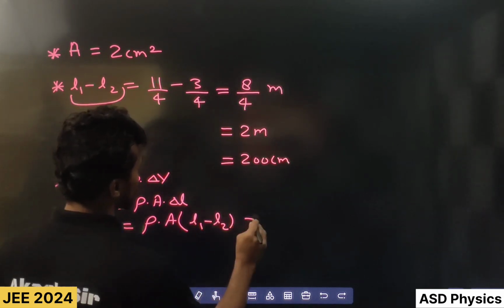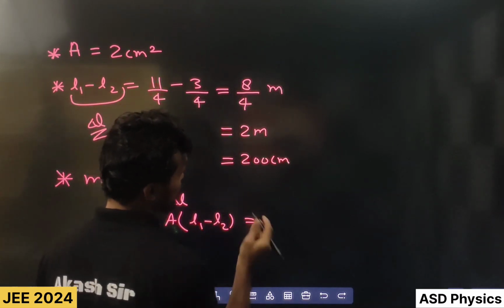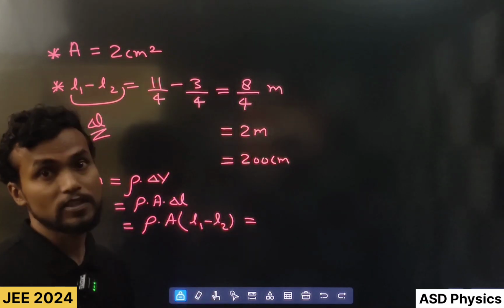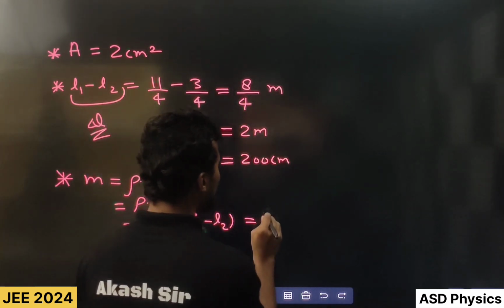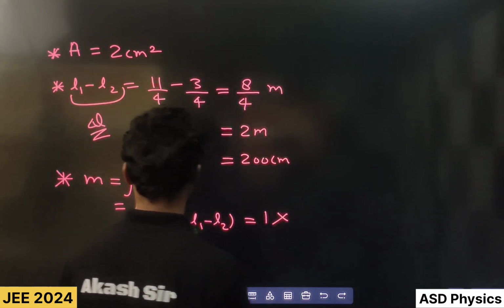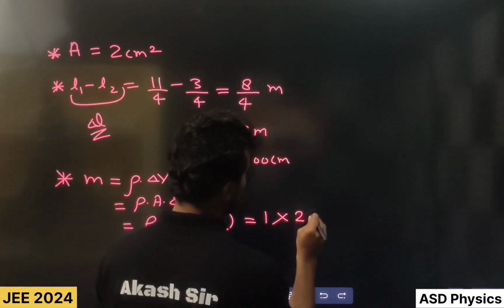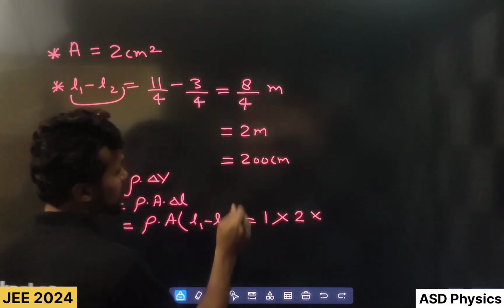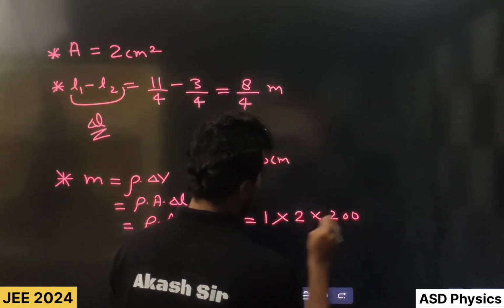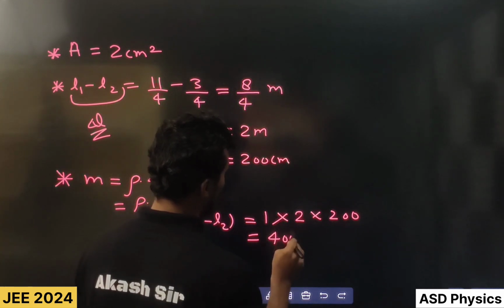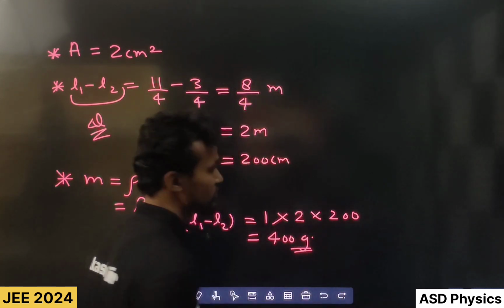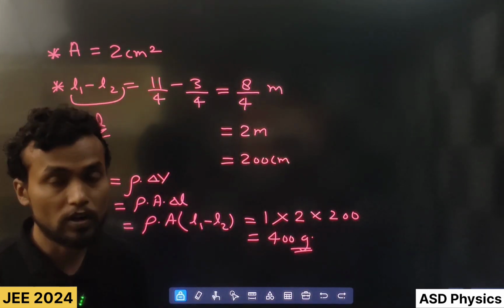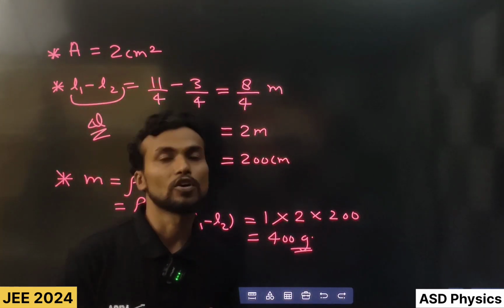Just put the values. Everything we are solving in centimeter, so the density of water is 1 gram per centimeter cube, into area of cross-section 2, and L1 minus L2 is 200. So it comes 400 gram. That means we have to pour 400 gram of water to satisfy the condition of our question.